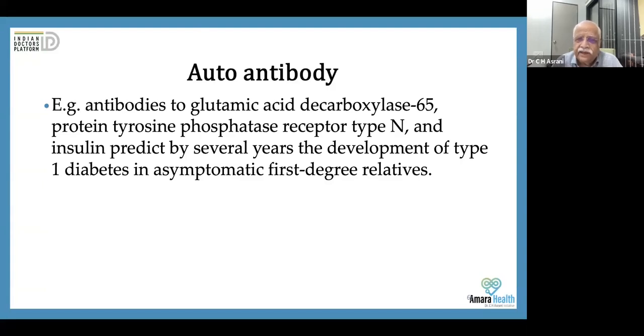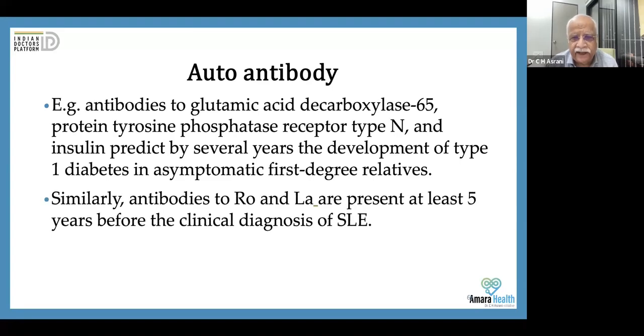Antibodies to glutamic acid decarboxylase 65, protein tyrosine phosphatase receptor type N, and insulin predict by several years the development of type 1 diabetes in asymptomatic first degree relatives. And nowadays, first degree relatives of type 1 diabetics are being tested for all of these.